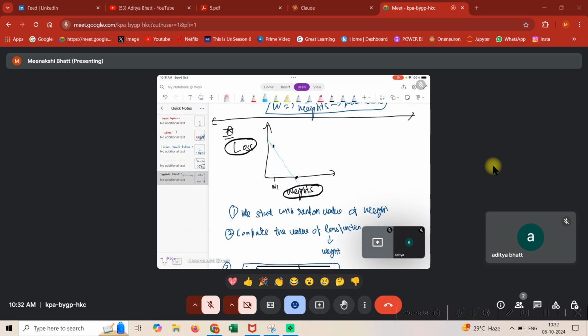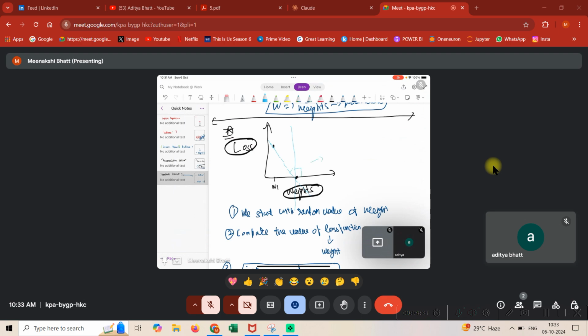Now what does this mean? Let's see what angle it makes with the x-axis. Let me draw a line, and this angle is more than 90 degrees.